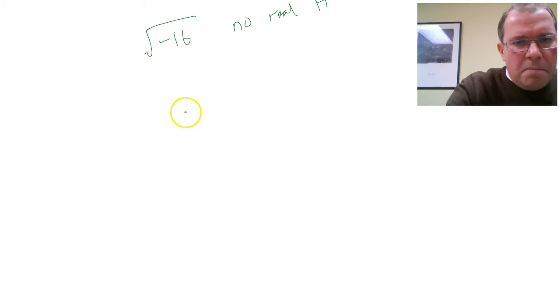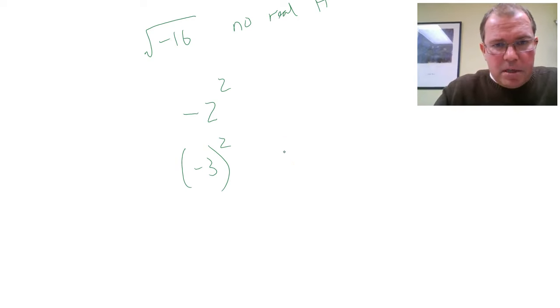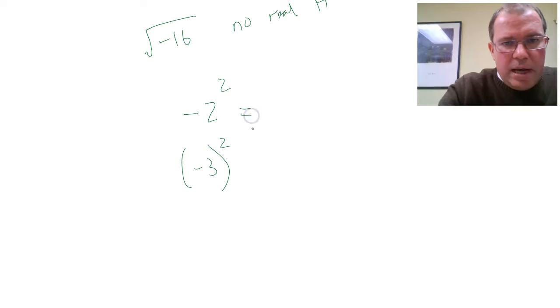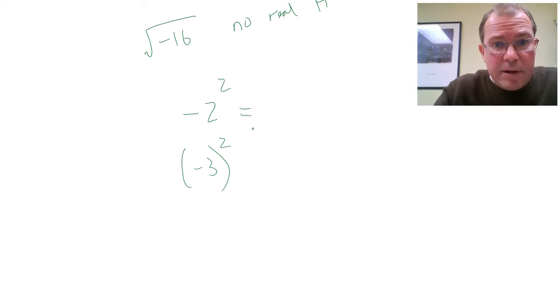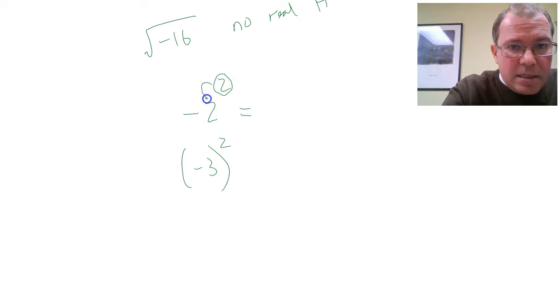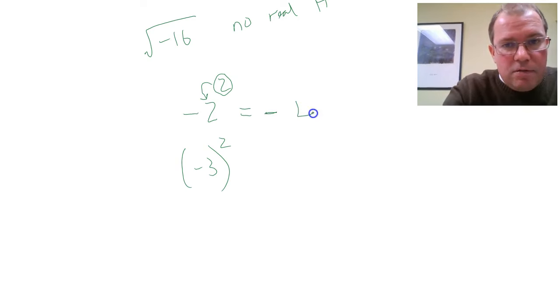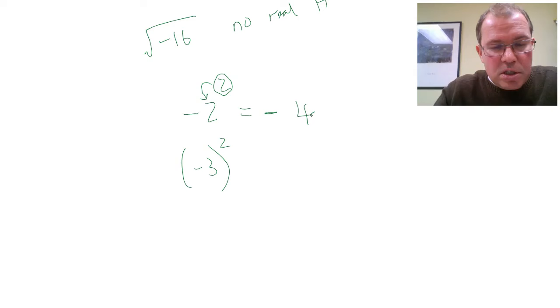So -2 squared and -3 all squared, apart from the fact that you've got a 2 and a 3, they're very different though, because the top one, -2 squared, means you're actually squaring the number 2. So this squaring here only applies to the number 2, and 2 squared is 4. So this actually means -4, because it's the 2 that's been squared, and then you multiply it by -1.